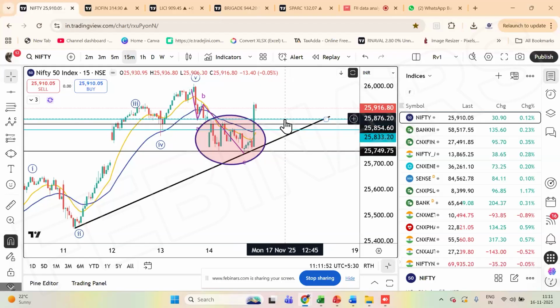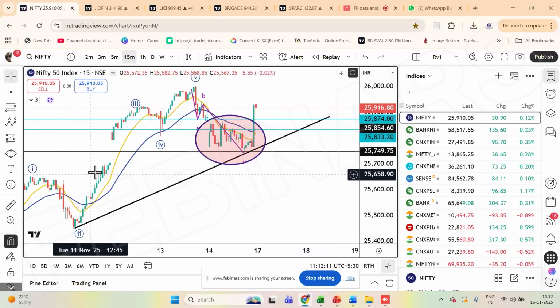So 873 is one level, 885 I would hold as a threshold. Until 25,830 is broken, I would not think of shorting these markets. But my viewpoint is 25,800 to 25,750 is the overall positionally bullish as per the Elliott wave structure.